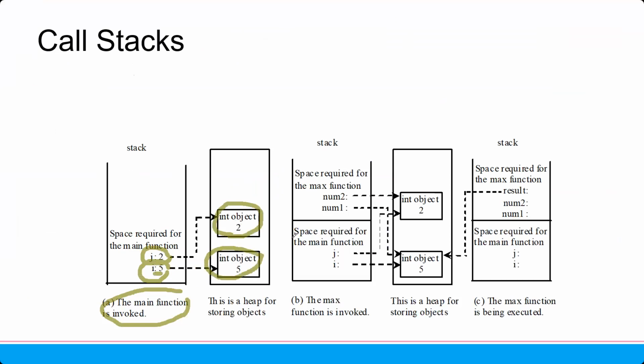And then when we call the function, we have num1 and num2. So when i is passed to the maximum function, num1 will refer to the same object as i, and num2 will refer to the same object as j.